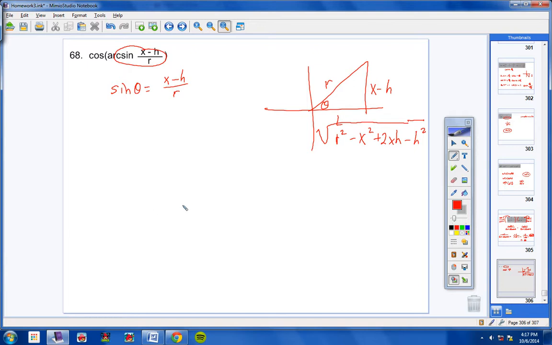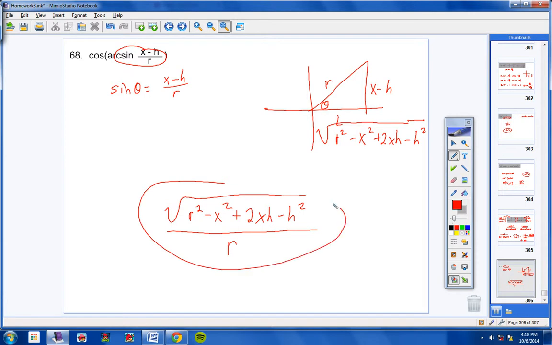So my final answer, the cosine of theta would be the square root of r squared minus x squared plus 2xh minus h squared all over r. And there we go. Now that's an algebra expression that represents this original expression right here, okay? So there we go. Okay, moving on to number 78.